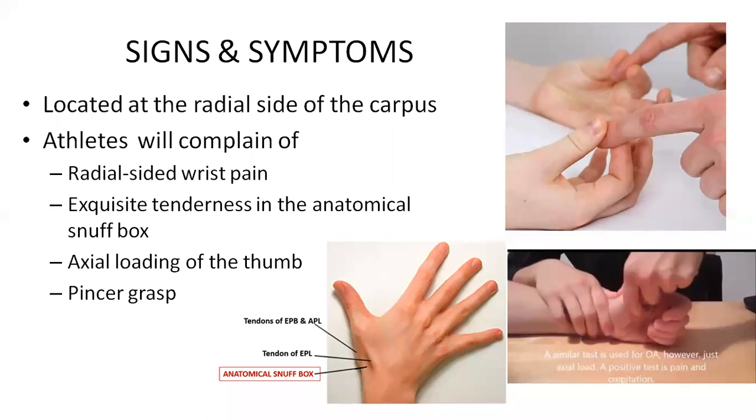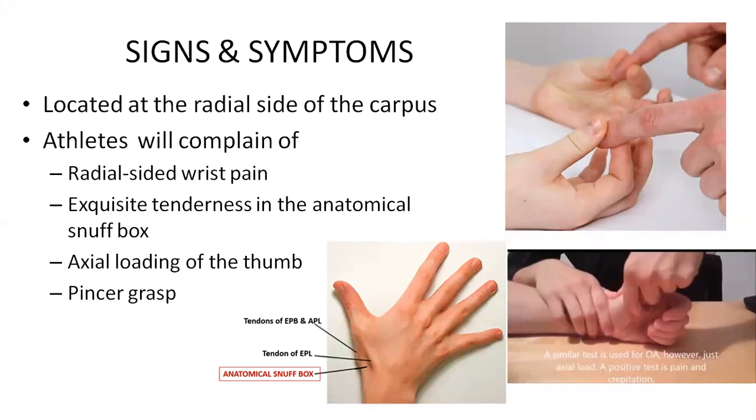The scaphoid and the trapezium make the floor of the snuffbox, and that's why when there is a scaphoid fracture, this anatomical snuffbox will have very intense and exquisite tenderness.